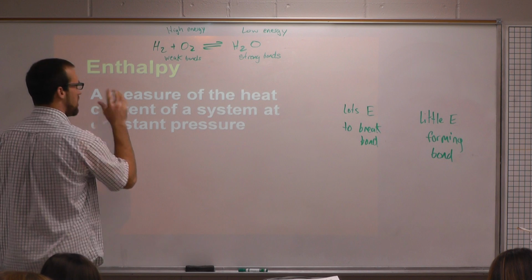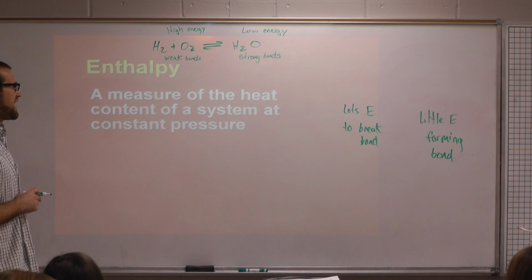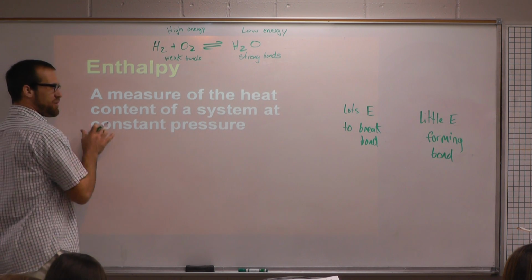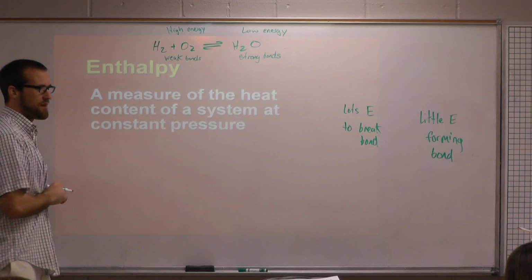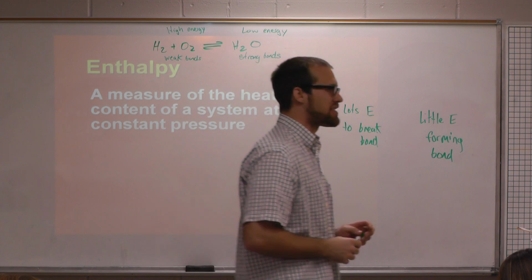This is the most important vocabulary word of this chapter. It says a measure of heat contained in a system at constant pressure. It's pretty complicated when we start getting into the idea of constant pressure and what that means. I'm going to simplify this for you. Anytime you hear the word enthalpy, think of heat.